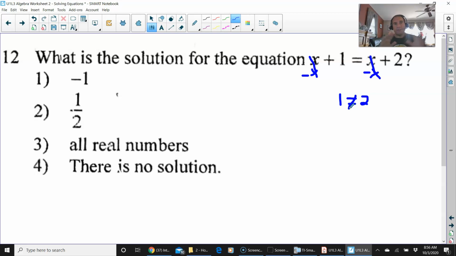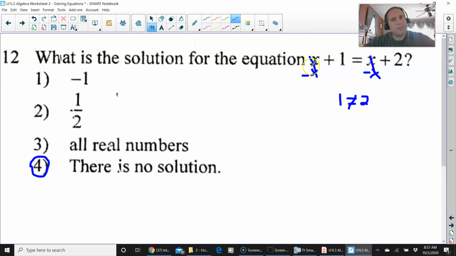When the variables cancel out, and you have 1 does not equal 2, that means there is no solution. And it could be anything. So if it's 10 does not equal 12, or 15 does not equal 16, there is no solution for this equation.